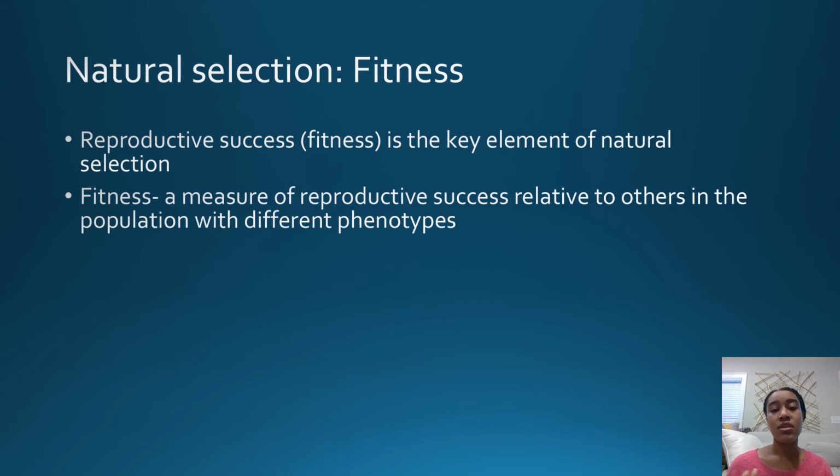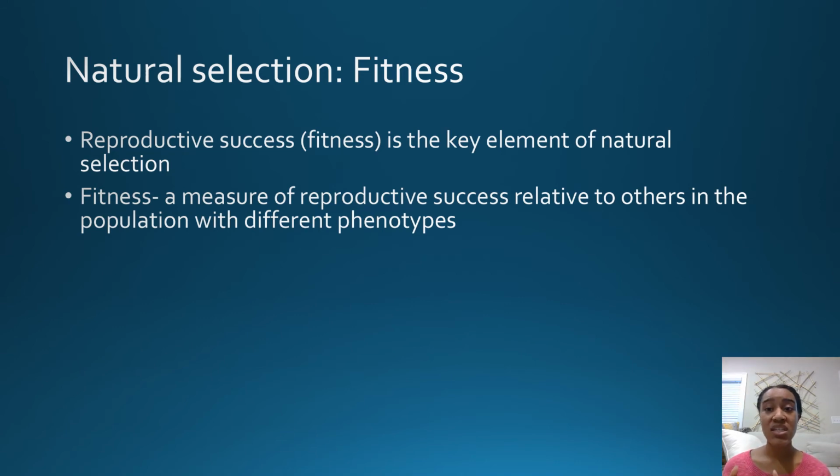So if the green, the blue, and the yellow rabbits all can produce litters of 4, but the yellow and the green rabbits that were medium and slow speed only reproduce once and have a litter of 4, versus the blue rabbits that were much faster are able to survive and have 3 or 4 litters of 4.